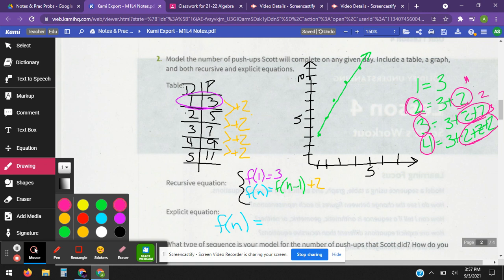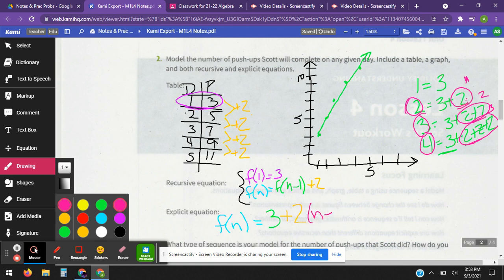I need 1 less. So my 3 is the constant right here, right? And then I'm going to add 2, but it's not going to be to the n, because I don't need 2 n's, I only need 1.